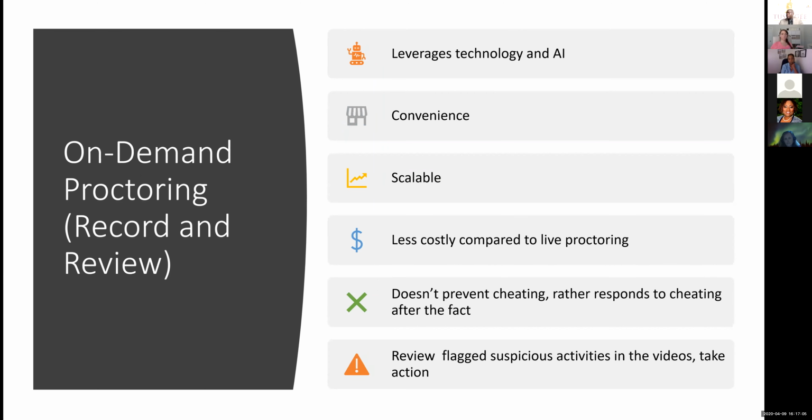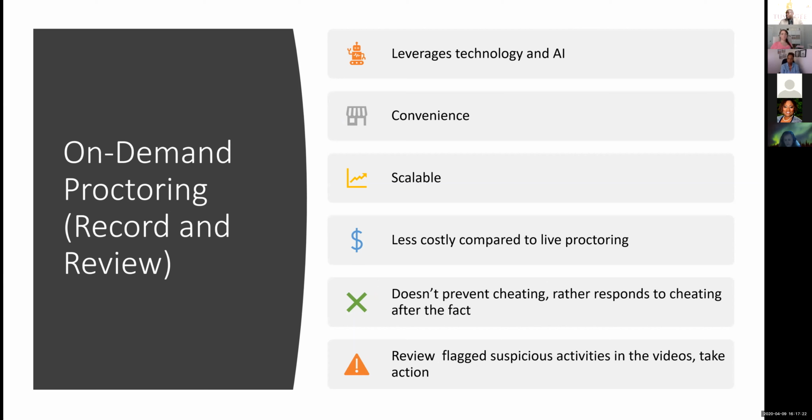Now, the other option is the on-demand, or you could call it record and review or passive proctoring. It leverages technology and artificial intelligence.